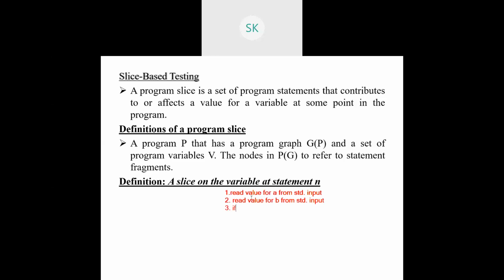Next, the third one. If I put a predicate use, that is what we studied in path testing as well as data flow testing. I'm keeping the same thing in mind. I'm not saying this is a predicate use here, but we'll check whether it is present or not. Then print A is bigger.